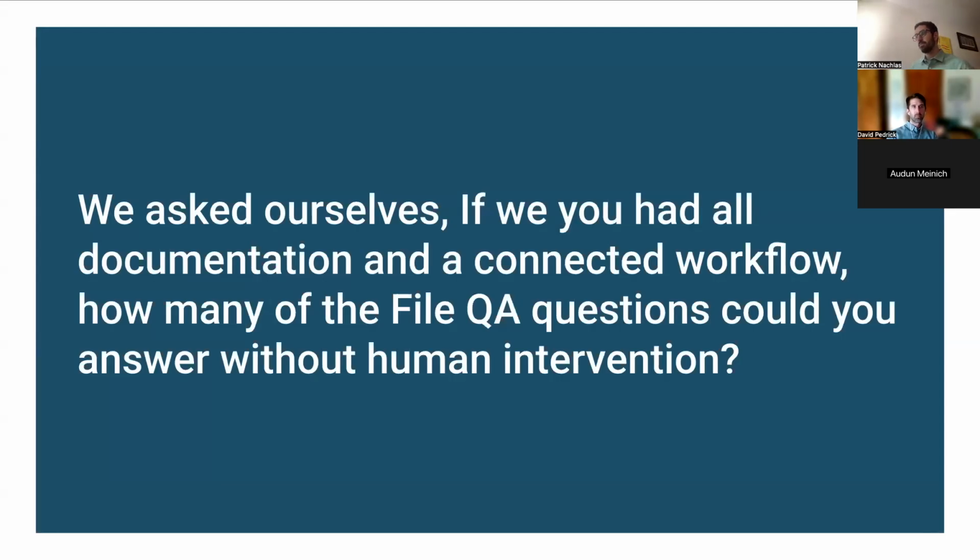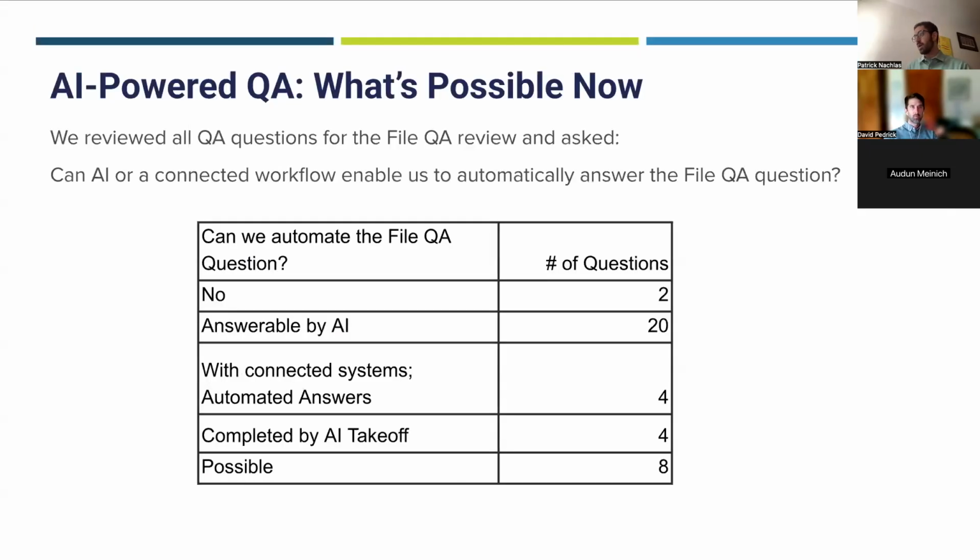The file QA checklist is a lot about, do you have the right information and does it match the energy model? And obviously, QADs play a really important role, but we found that the majority of questions could likely be answered by an AI solution.